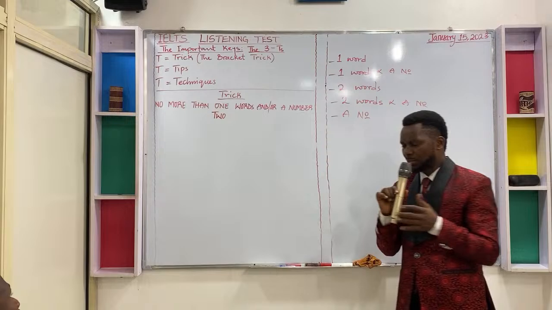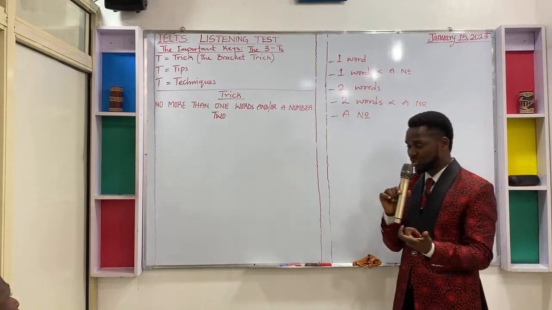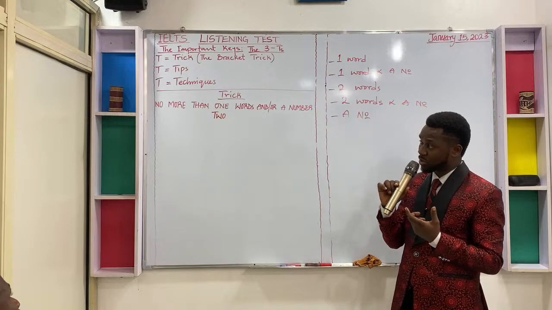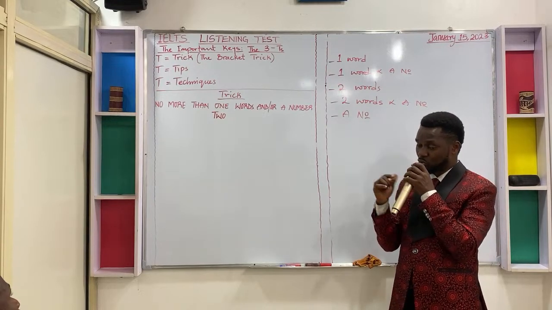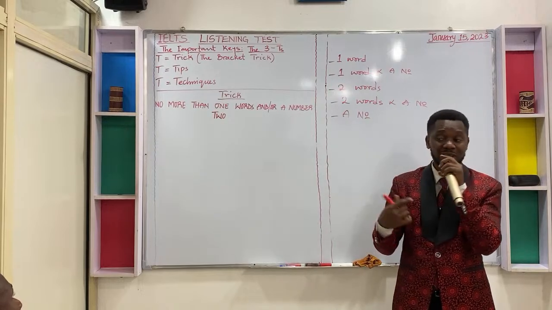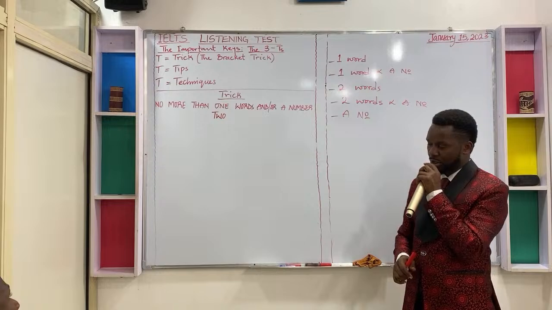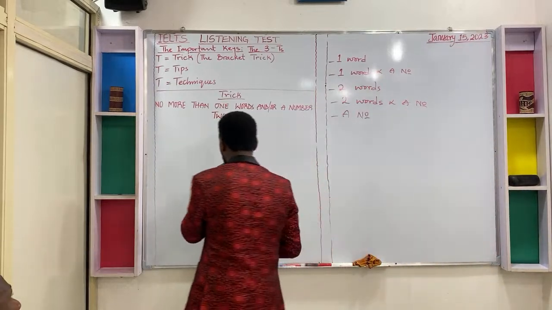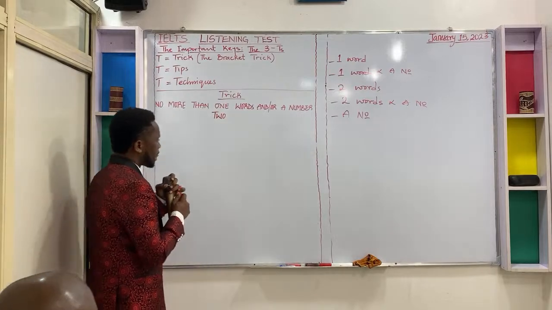Because like she interpreted earlier, she was just talking about 2 words, 2 words. So if you have a section that says "no more than 2 words and or a number" and you're busy writing 2 words, 2 words, there is a high tendency that 60% of those 2 words will be incorrect. So if you can interpret this correctly, how then can you apply the bracket trick?